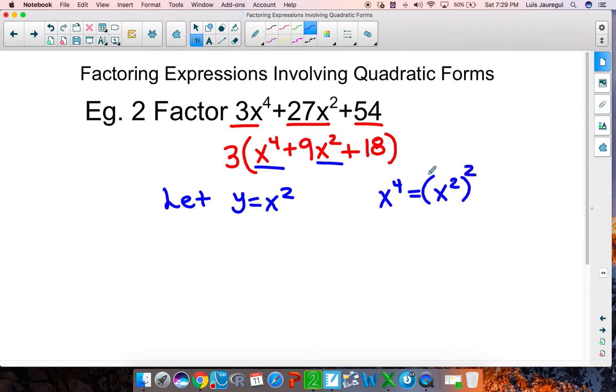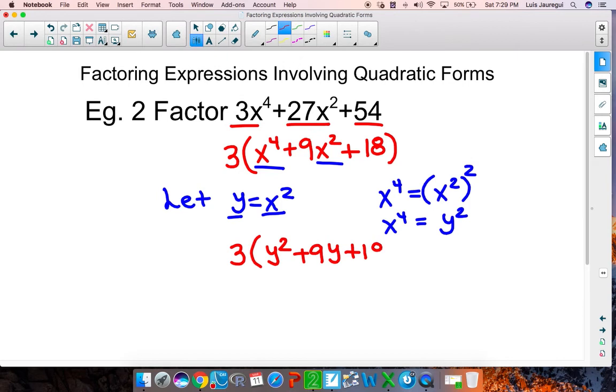Since y is equal to x squared, this will be just y squared. With that said, I'm going to rewrite my expression as 3 times y squared, because x to the fourth is y squared, plus 9 times y, since y is just x squared based on my substitution, plus 18.